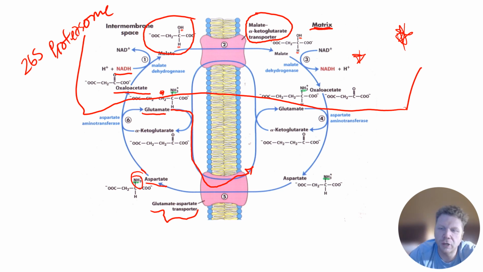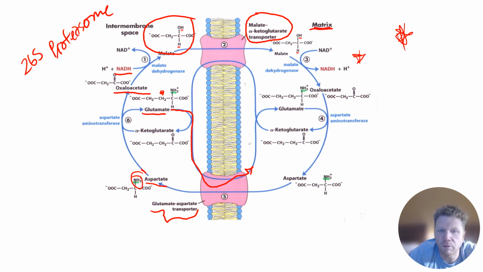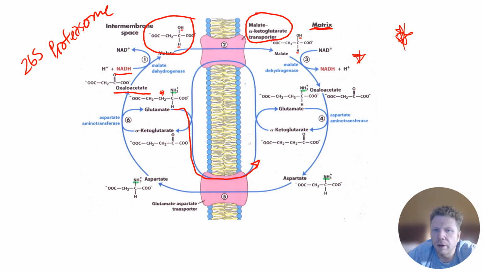But now we're changing the way that we're looking at it, because one of the things we're adding to it is this amino acid, this glutamate, making its way into the mitochondrial matrix. That glutamate can then itself undergo a transamination reaction where it's going to transfer the ammonium onto oxaloacetate.